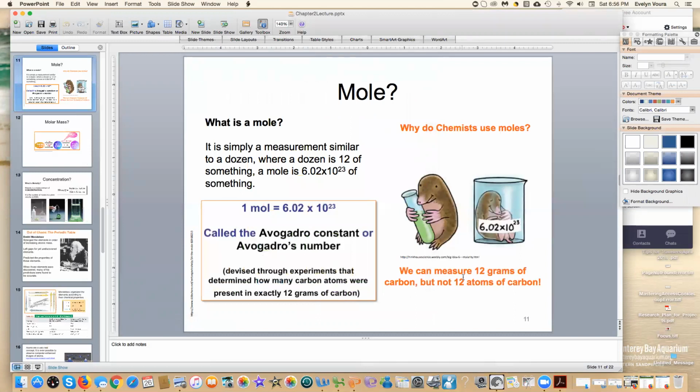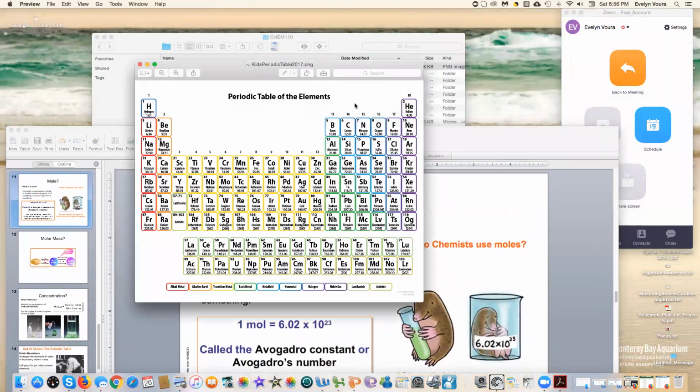And it just so happens that if you weigh out 12 grams of carbon, you have 6.02 times 10 to the 23 atoms of carbon. And the way it worked is that if you weigh out a mole of anything, you'll always have 6.02 times 10 to the 23 of that. Anything meaning any other element, or as you'll see, any molecule.